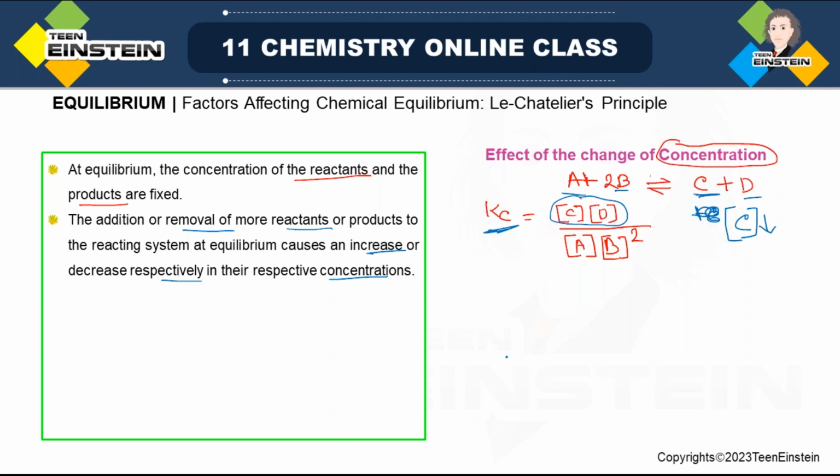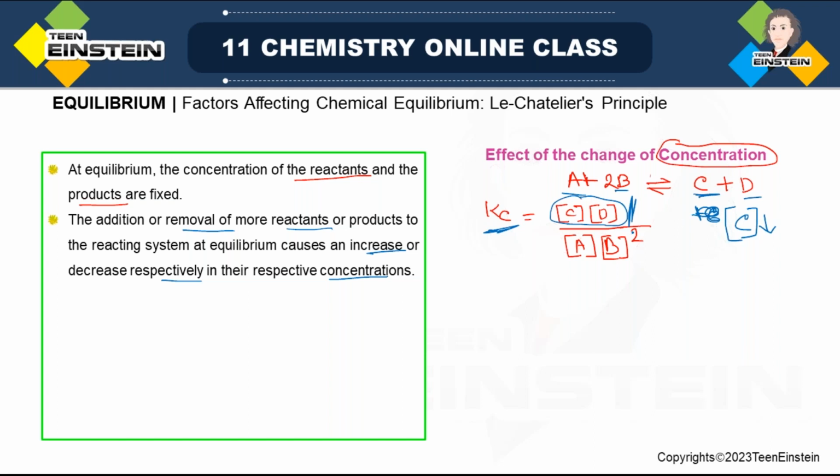So to maintain the value of Kc same as before, what will happen, to balance this condition, because now the numerator part, this total, that is after multiplication with D, you can also decrease the concentration of D or C. In this case I have considered decreasing the concentration of C. So as a result, now the numerator as a whole is decreasing.